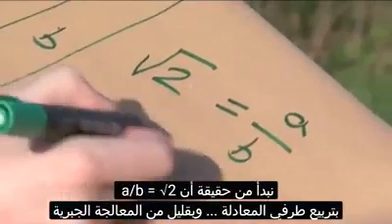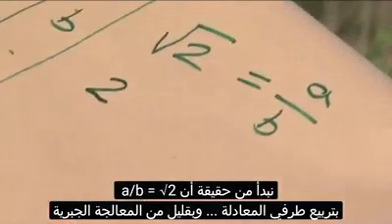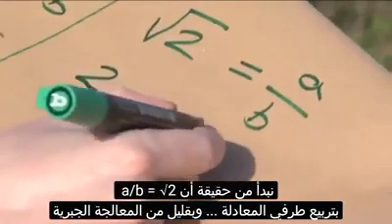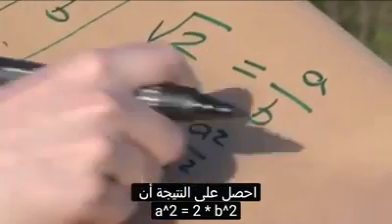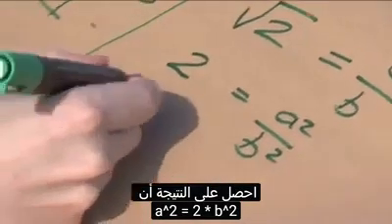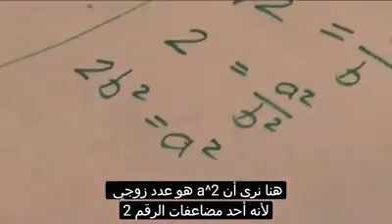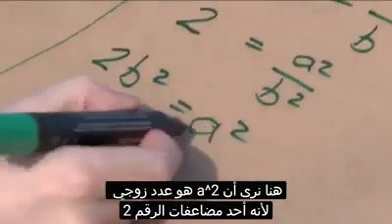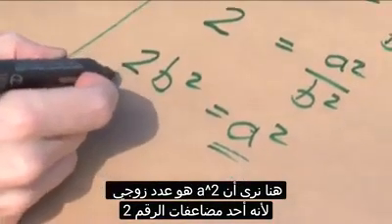I'm going to square both sides. So on the left-hand side I get a 2. On the right-hand side I get a squared divided by b squared. This time a and b are whole numbers, remember. Let's play with it. We get 2b squared on the left equals a squared on the right. Now what I've shown here is that a squared is even, because it's a multiple of 2.